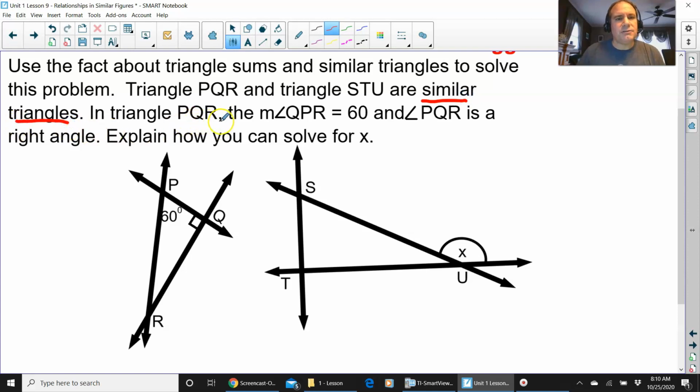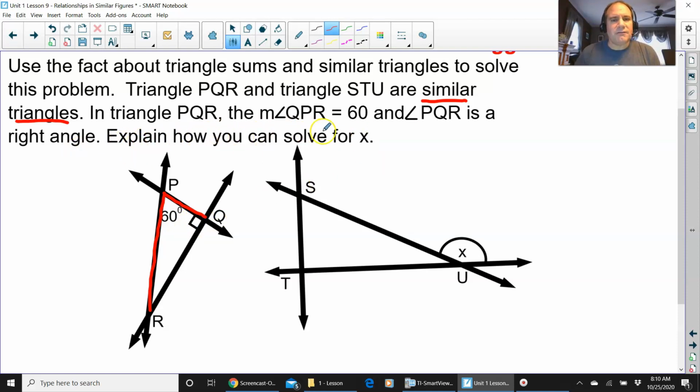In triangle PQR, the measure of angle QPR, right here, is 60 degrees. And PQR is a right angle. There's the right angle there.